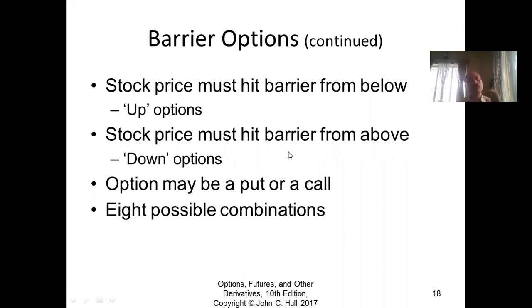So those are called down barriers. So you can have up barriers or down barriers, so ceilings or floors. And the option could be a put option or a call option. So combine everything, you have actually two cube combinations: put, call, in, out, up, down.